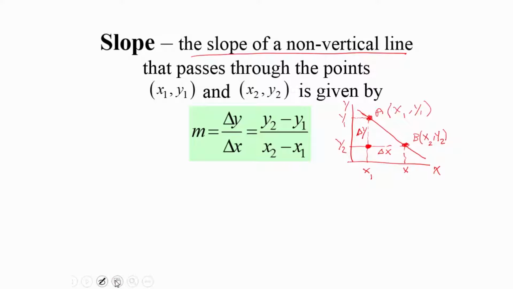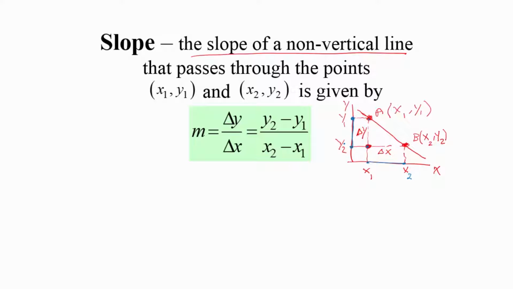So the distance from here to here, which is the same as from here to here, this distance divided by this distance. That is shown as change in y, that is shown as change in x. By the way, this is a 2 here.